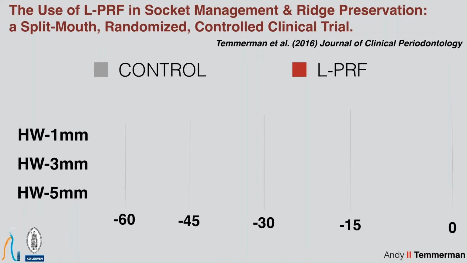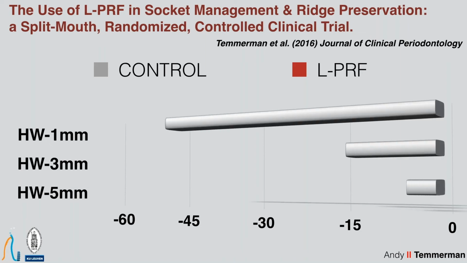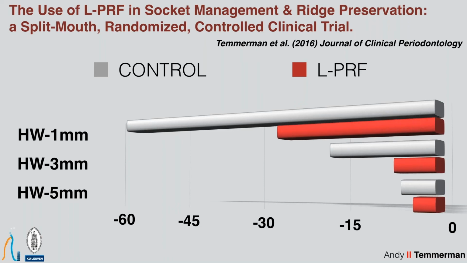Here you can see the horizontal width measurements at -1, -3, and -5 level for the control group. You can see that the control group was actually losing 52% of the original ridge width after 4 months, and in the L-PRF group, this was approximately 23%.